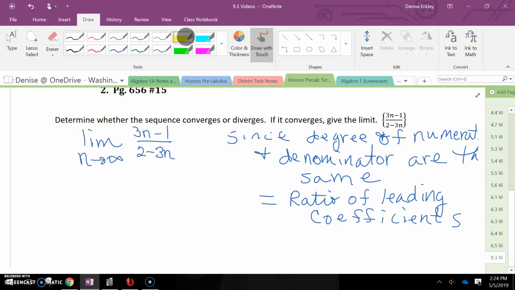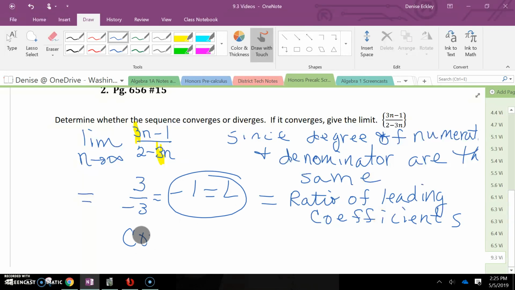So our leading coefficients are here and here. So our limit is going to be 3 over negative 3, which is negative 1. So that's our L. So again, this sequence converges, and its limit is negative 1.